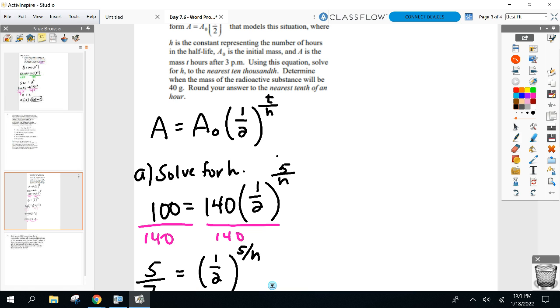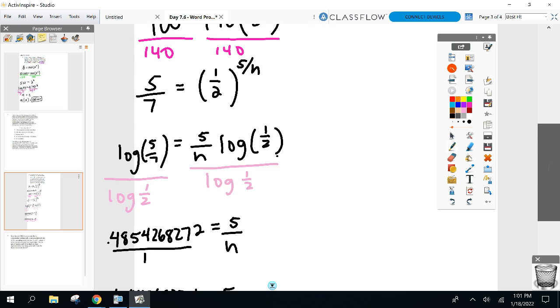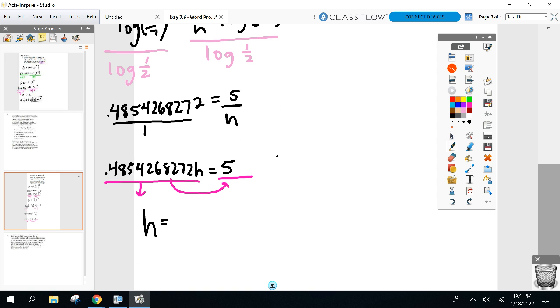I'd actually do the division. 10.3002. We said 4 after the decimal.